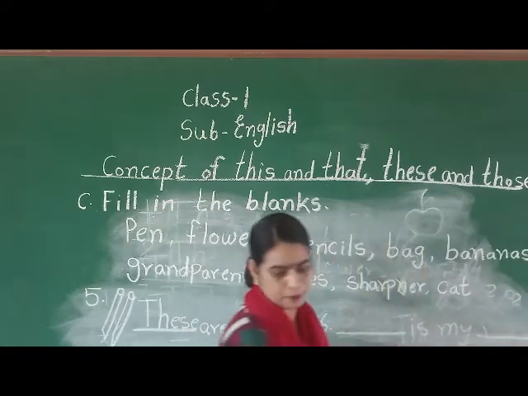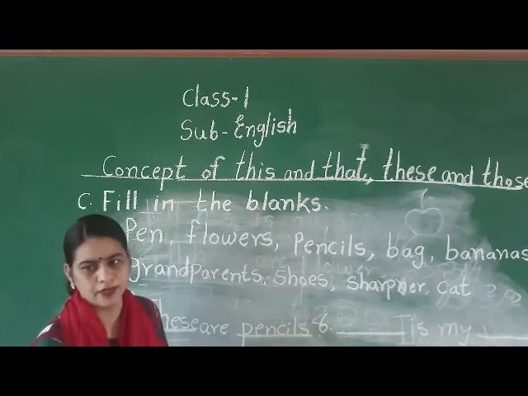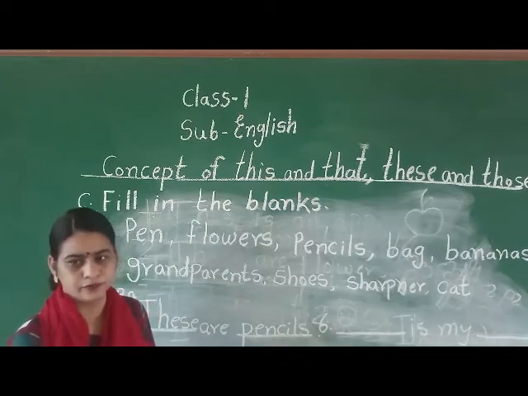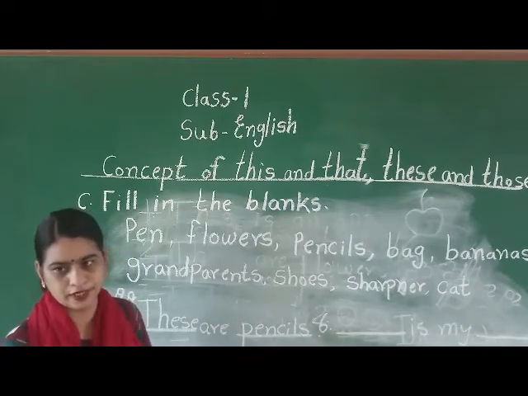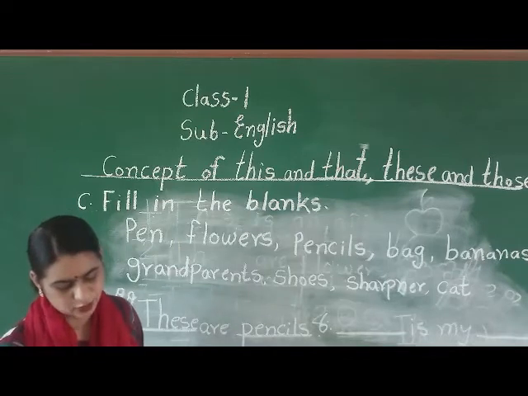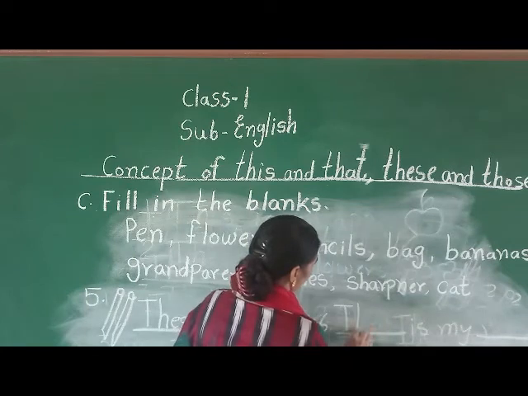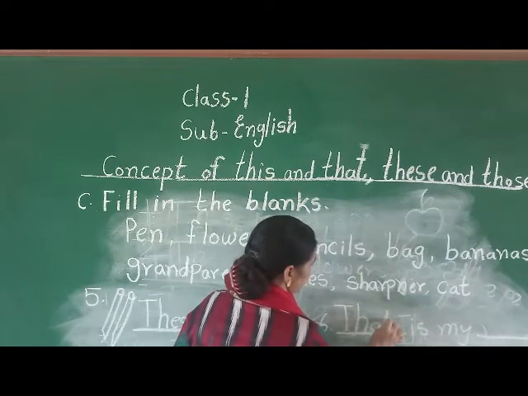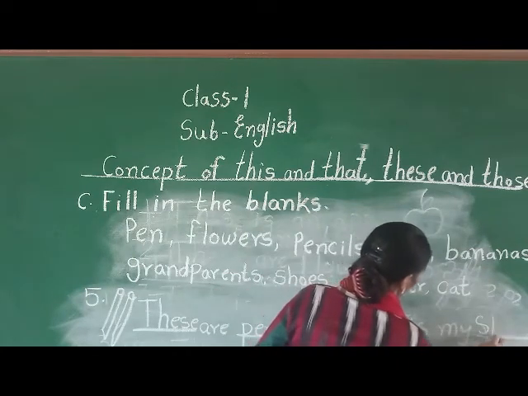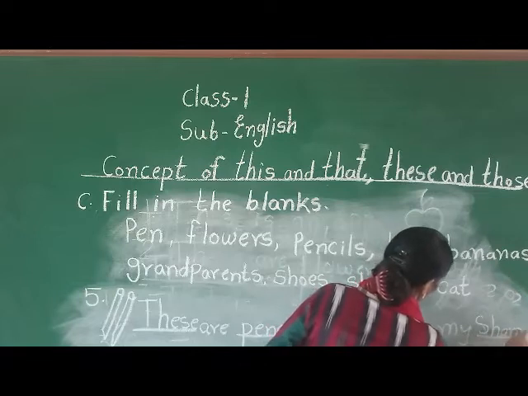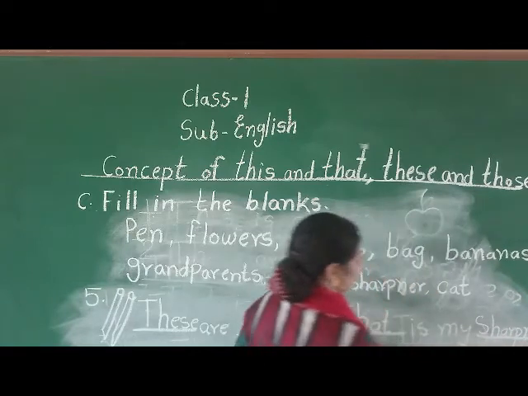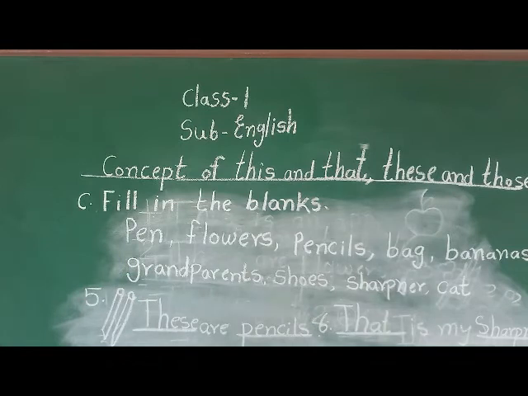Picture of a sharpener. On number 6, so here we will write that. T-H-A-T. That. On number 6 first you will write that. And here the spelling of sharpener. S-H-A-R-P-E-N-E-R. Sharpener. Picture of a sharpener.